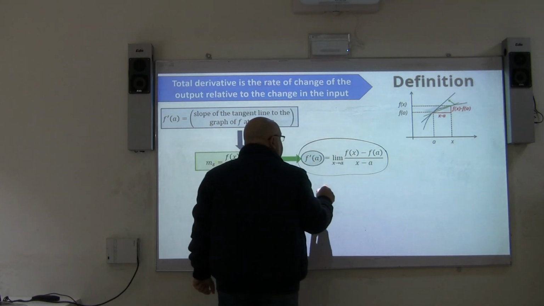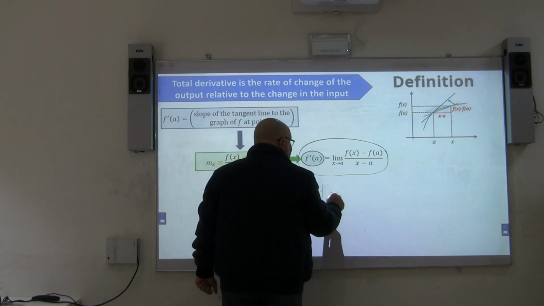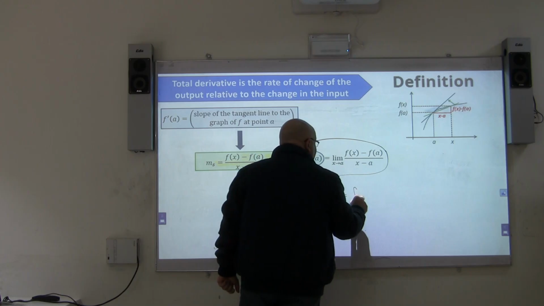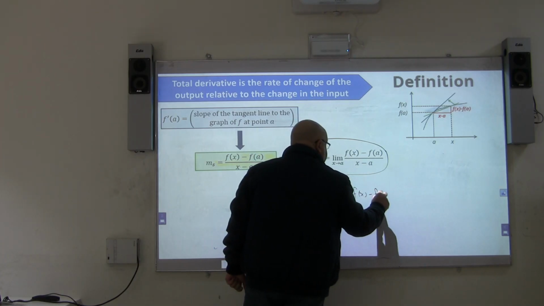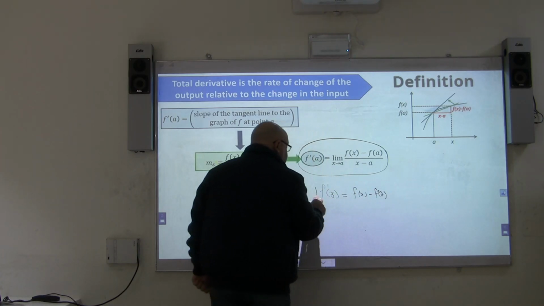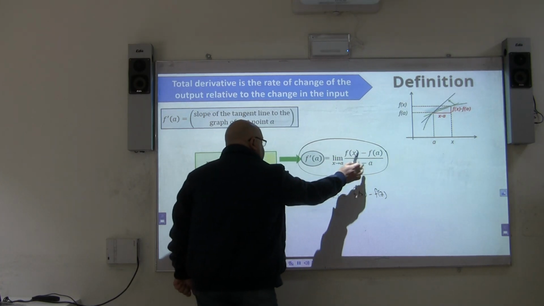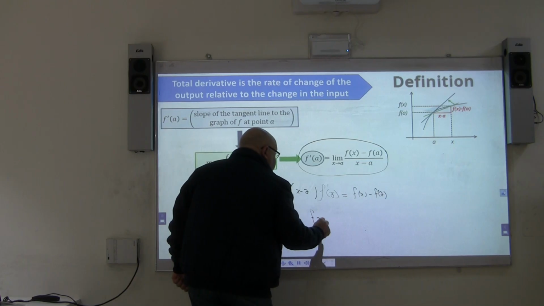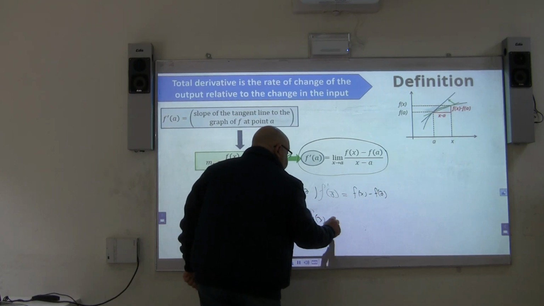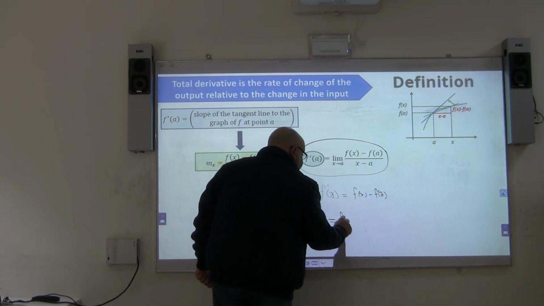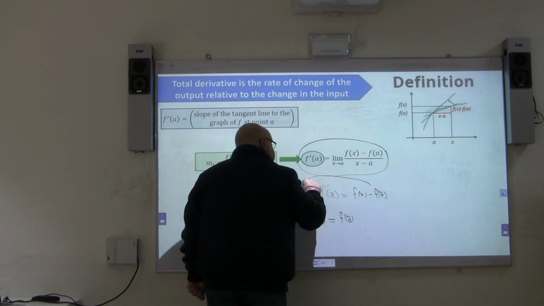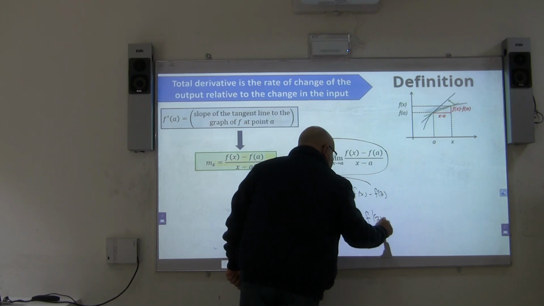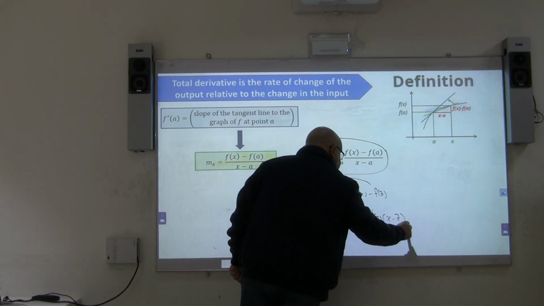So for example, if I have f dash at a, which is approximately equal to f of x minus f of a over x minus a, and if we multiply both sides by x minus a and move f of a to the other side, I can say that f of x is equal to f of a plus f dash at a times x minus a.